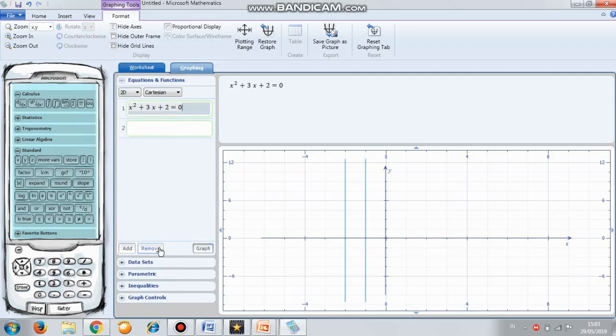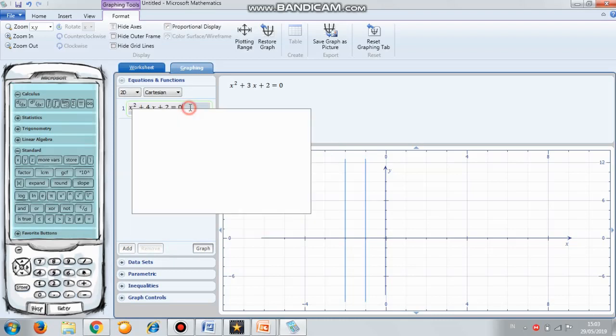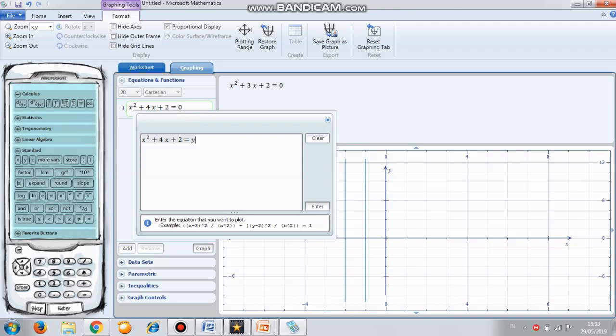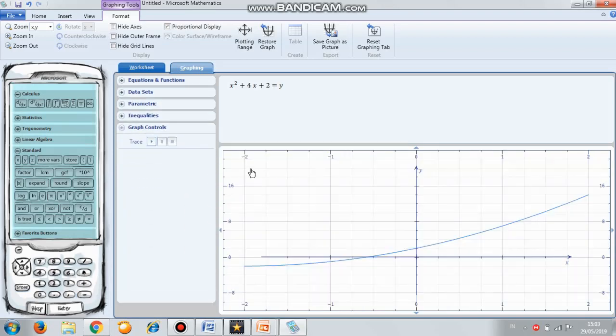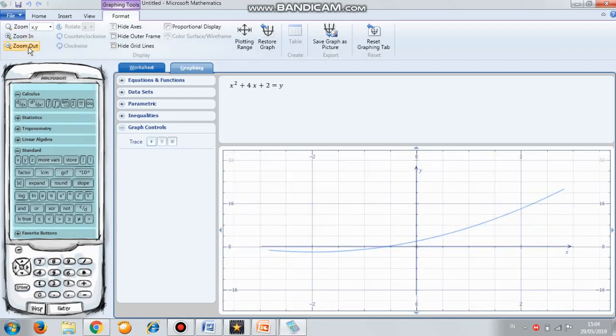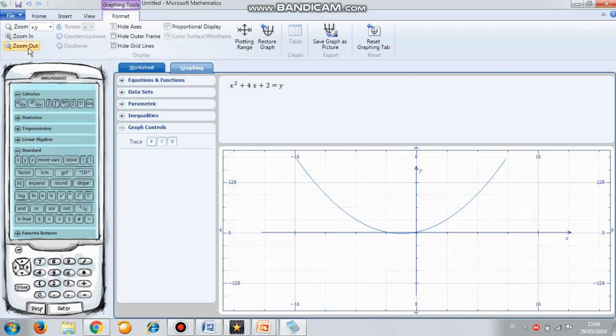And then we will check it on the graph. Fill in the equation x squared plus 4x plus 2 is equal to y. The graph is like this.